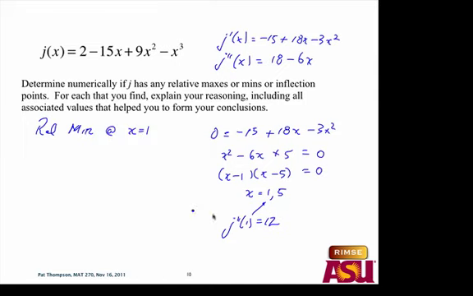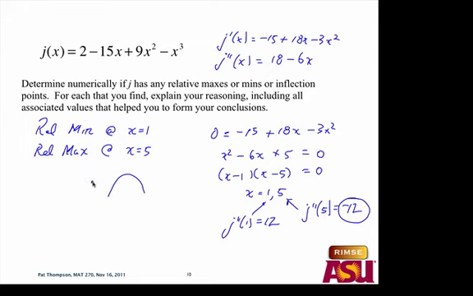What do you get? So at x equals 5? Because? Because the rate is decreasing.